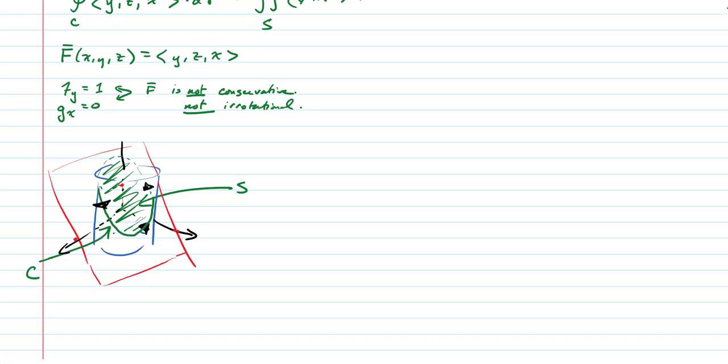So because of this, I think that we should go ahead and parameterize our surface using cylindrical coordinates. So we're going to parameterize S by the function r of u, v is equal to, and then our x coordinate would just be u cosine v, our y coordinate would be u sine v, and then our z coordinate in cylindrical coordinates would just be z.